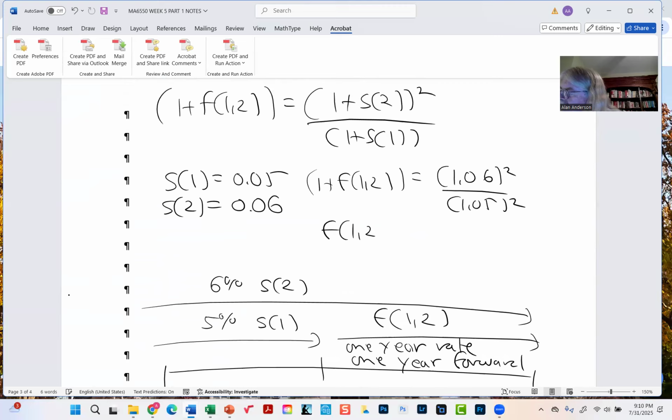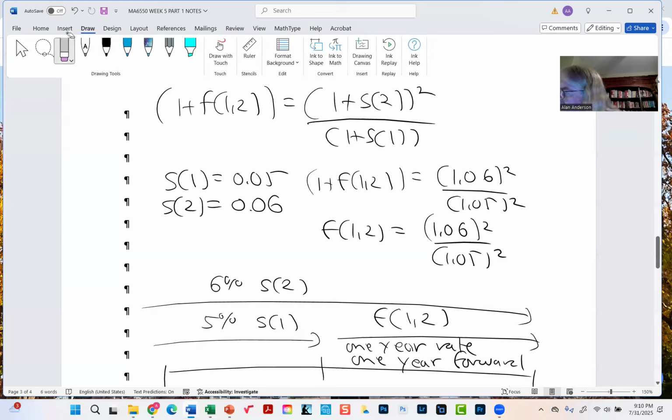so that means that F12 is just equal to this ratio minus, no, sorry, that one is not squared. Minus 1. All right, so if you pop that into your calculator, it's almost exactly 7%.